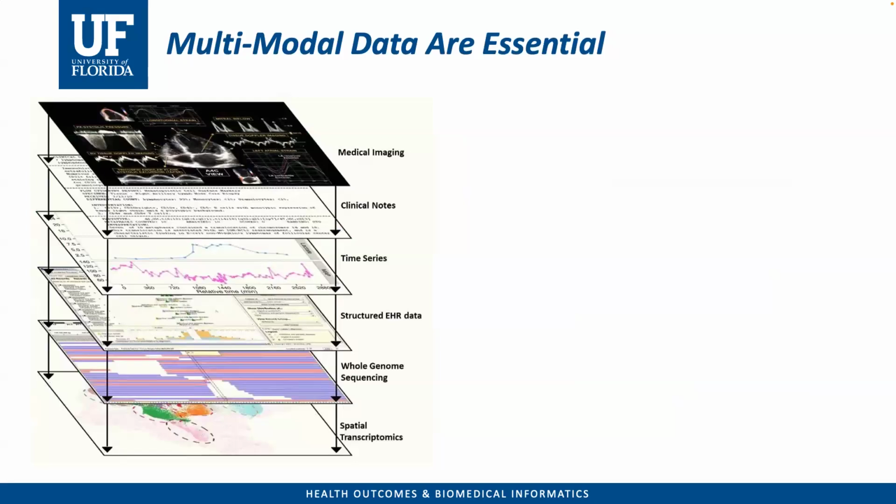From my research experience using different types of data and on different research aspects, my feeling is that multi-modal data are right now really essential and critical for us to advance the research and our findings.